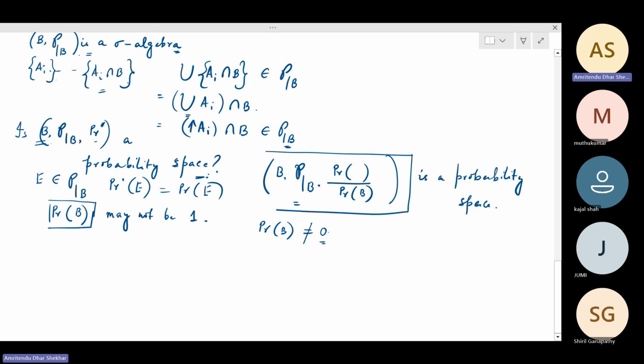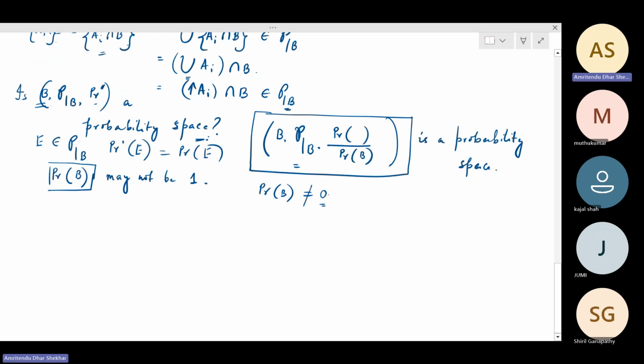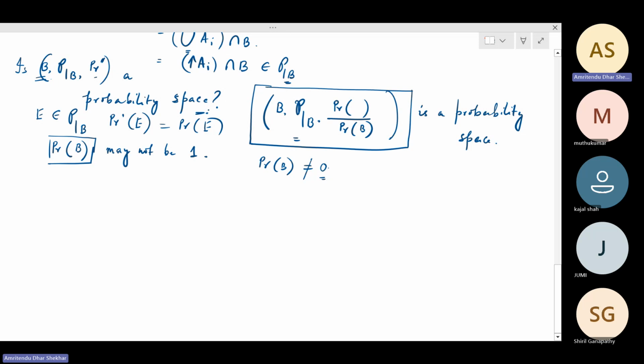So this is clear why this is a probability space. Hopefully it's clear to you. If it's not clear to you, you can ask me. Now, starting with any probability system which has non-zero probability, we can define a new probability space in this way.